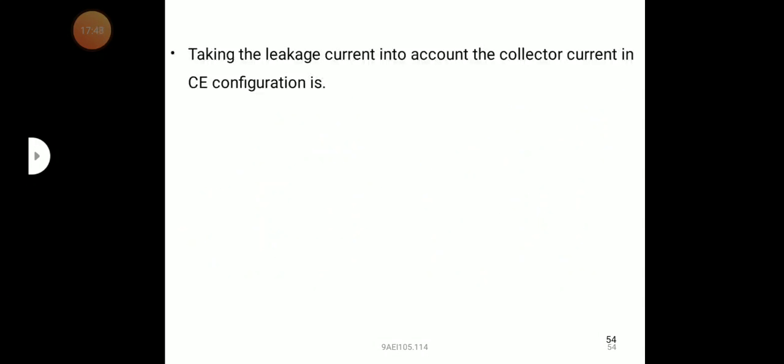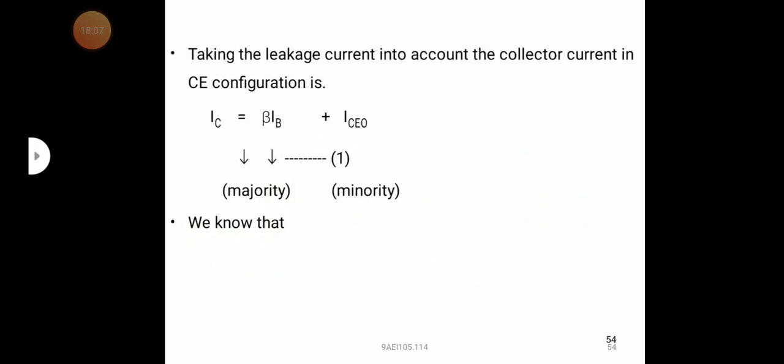Taking the leakage current into account, the collector current in CE configuration is IC equals beta IB plus ICEO. You know that beta IB is the majority current, ICEO is the minority.